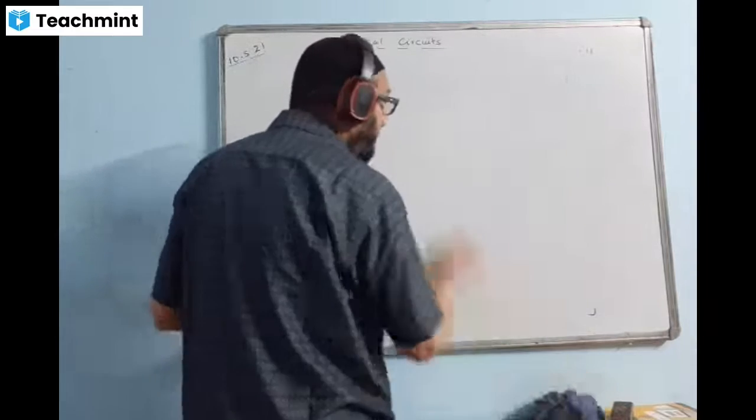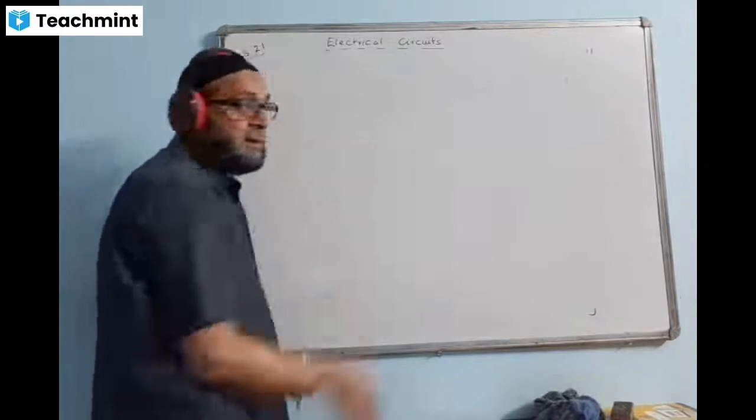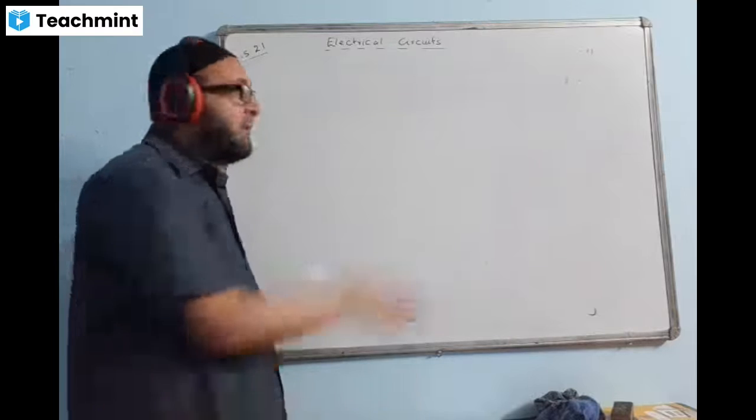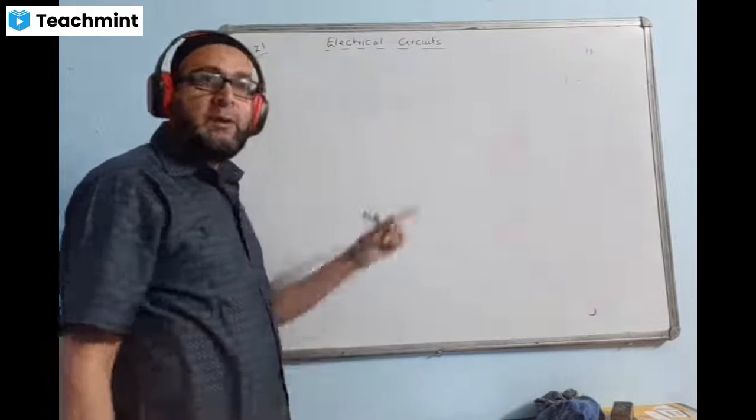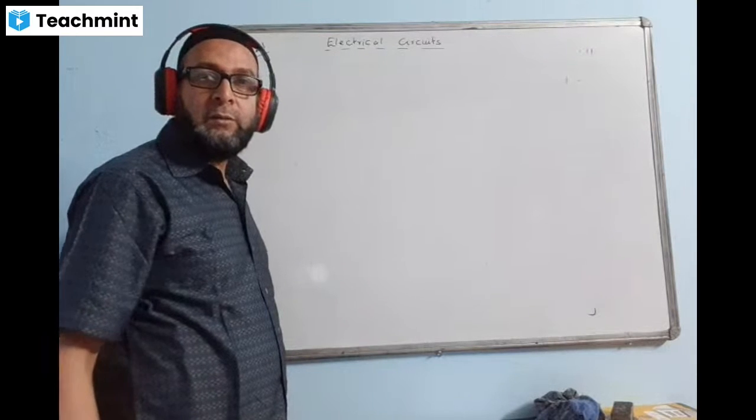This time the galvanometer, because current is no longer constant, current is fluctuating, so then they will not be balancing. That means the galvanometer now will give some deflection.